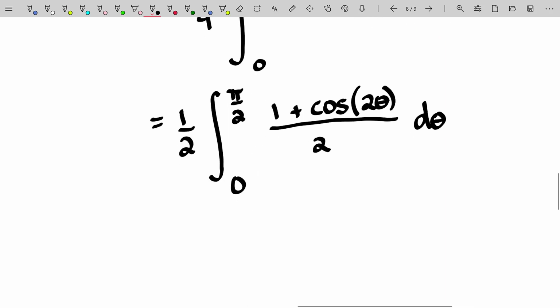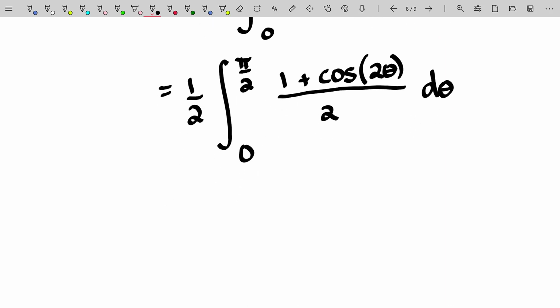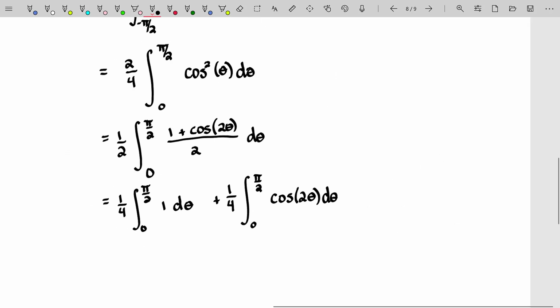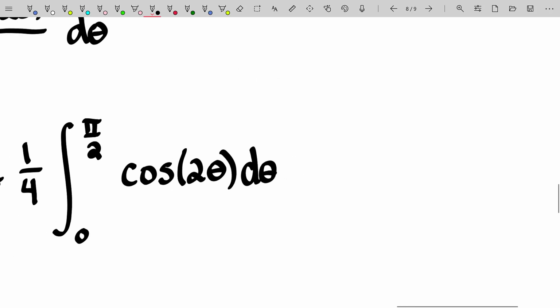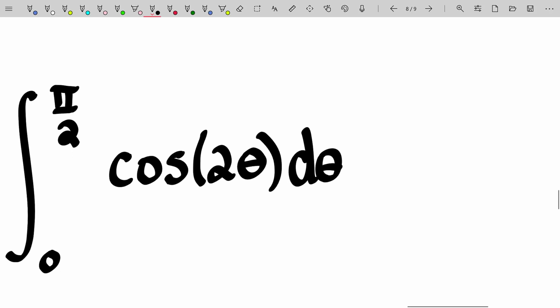Now, just a little bit of factoring, factor out the 1/2, and I'm going to split this integral. If you're one of my students, then you know I actually do tell you to think geometrically about your integrations. Specifically for trig functions, I think that thinking geometrically really helps out. So if you just consider what this integral means, you're finding the area underneath cosine of 2 theta from theta equals 0 to theta equals pi over 2.